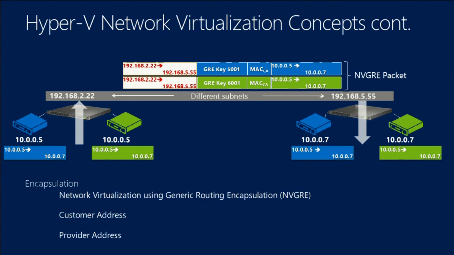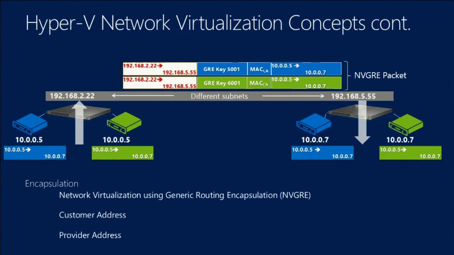Right? And the way to differentiate the 2 packets is using the VSID. And the VSID is in the GRE header. Now, NVGRE is based on GRE, if you are familiar with networking. It's a standard technology. NVGRE is also standard.